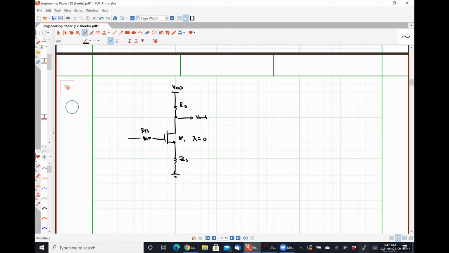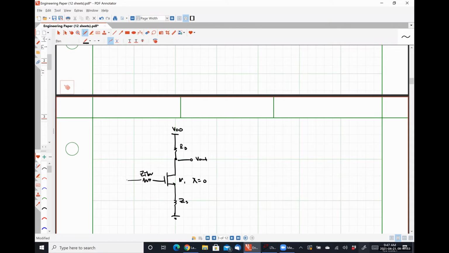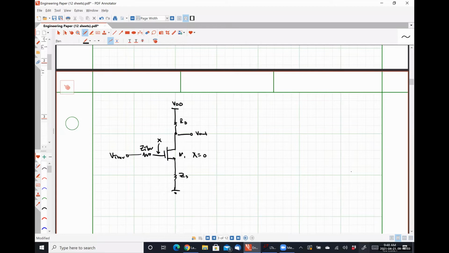Here is, sorry, did I say RThev or ZThev earlier? ZThev, okay, that's what it should be. And this node right here is node X. So we have simplified our circuit and it now looks like what?